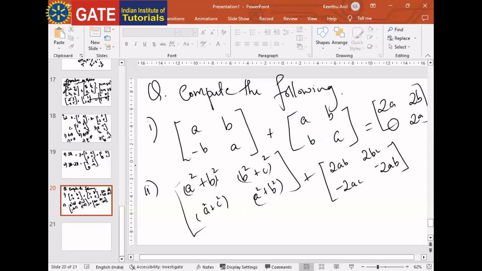A square plus B square plus 2AB becomes A plus B whole square. Now B square plus C square plus 2BC becomes B plus C whole square. Now A square plus C square minus 2AC becomes A minus C the whole square. Here A square plus B square minus 2AB becomes A minus B the whole square. That is why we get the answer in the question. Okay?